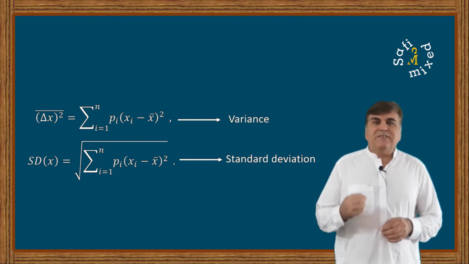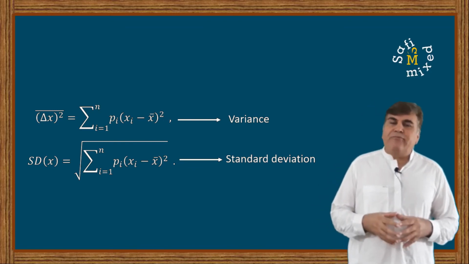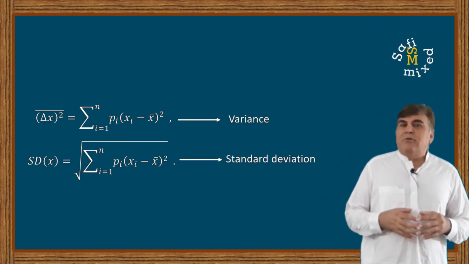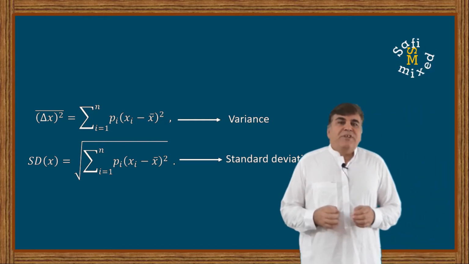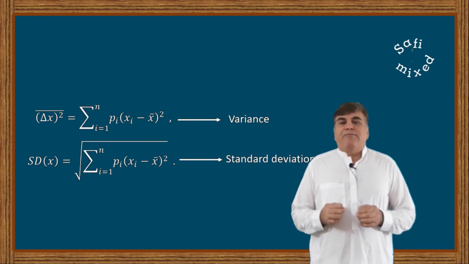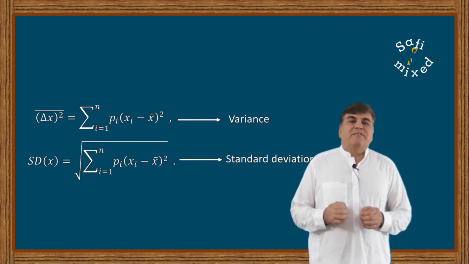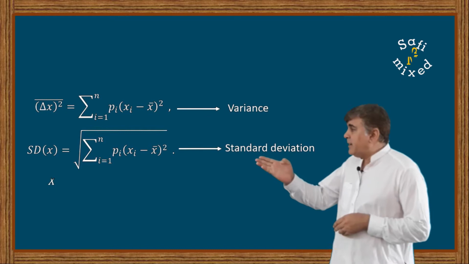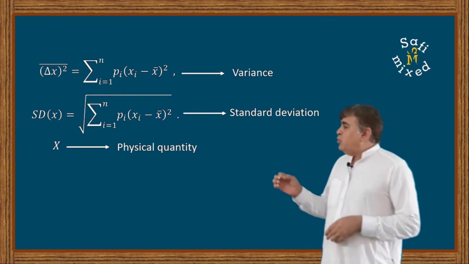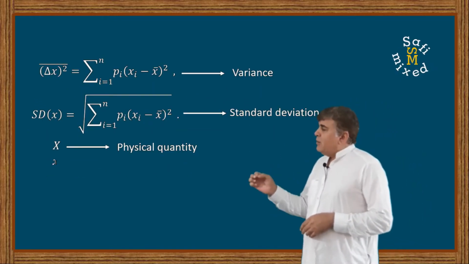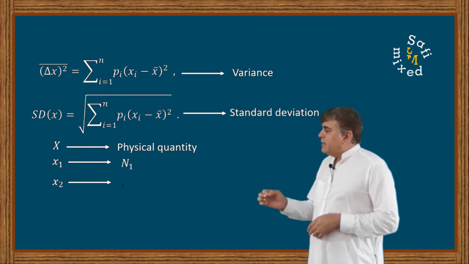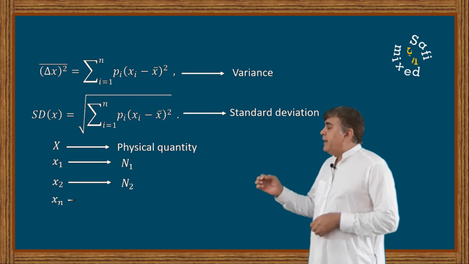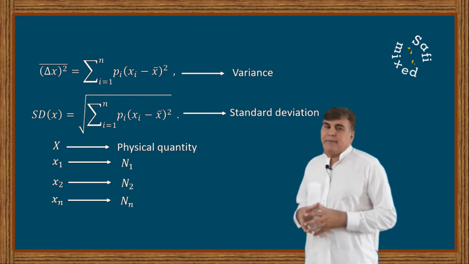To grasp this idea, let us begin from an example of discrete data. Let me repeatedly perform an experiment for measuring the value of a physical quantity denoted by x. Let me obtain value x1 n1 times, value x2 n2 times, up to value xn n sub n times.